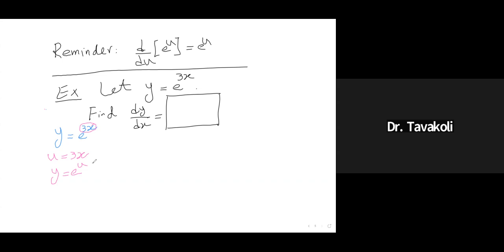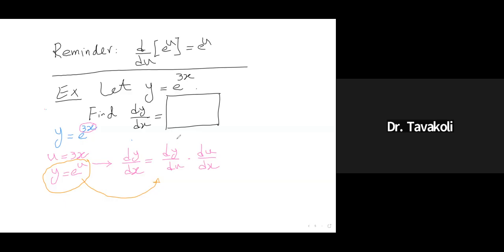Now let's try the chain rule. The question was the derivative of y, so dy over dx. We know that by the chain rule it is dy over du, meaning the derivative of y with respect to u, times du over dx. Now let's see. y is e to the power of u.